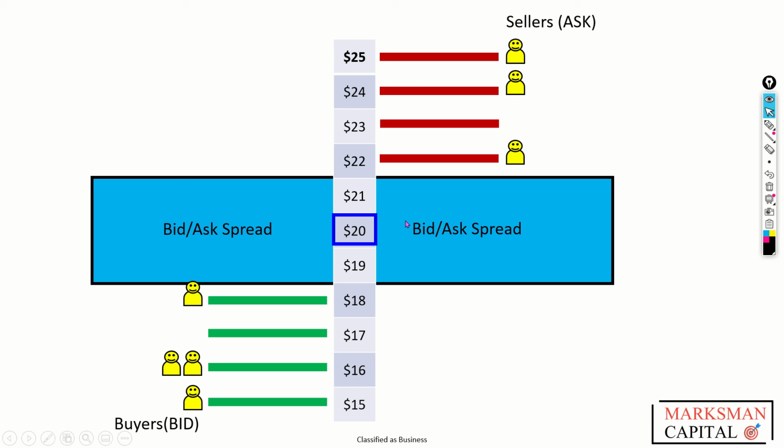All right, so let's say the last quoted price is 20, and if a buyer wants to buy immediately at the market price, then the buyer would have to end up buying around 22 US dollars per share. So now we can see there's a spread of around $2 right here. The same goes for the seller.